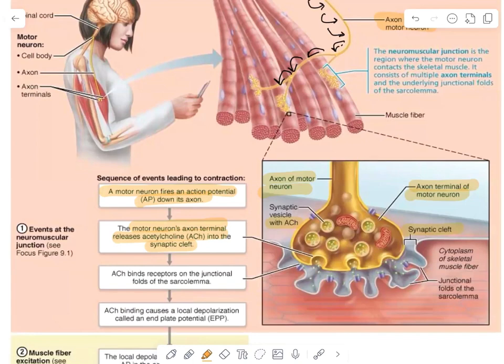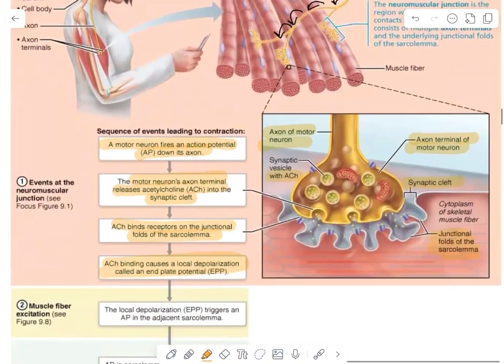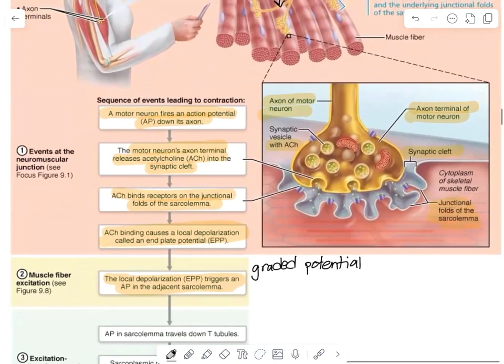The acetylcholine binds to its receptor on the junctional folds of the sarcolemma. The acetylcholine then binds to cause what's called a local depolarization. And this local depolarization is not an action potential. It's what's called a graded potential, and the graded potential occurs because sodium goes in and potassium goes out at the same time.